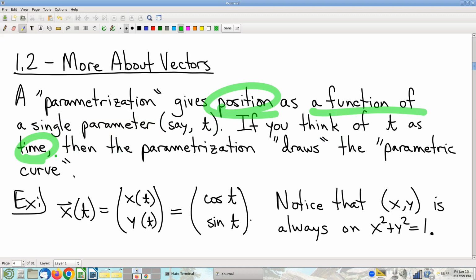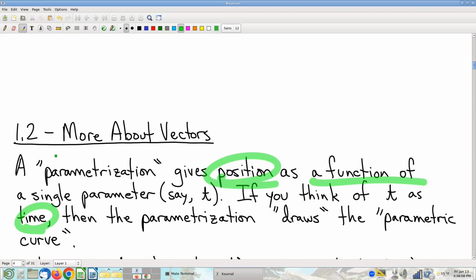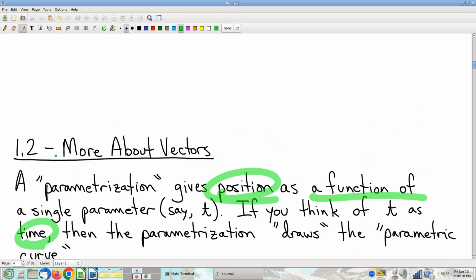And what I like about this take is position as a function of time is something we have experience with. In fact, that's what drawing is, really, if you think about it. Watch me draw a curve here. I put my pen down, and now as time passes, the pen is at different positions.